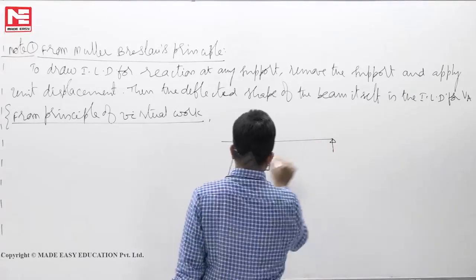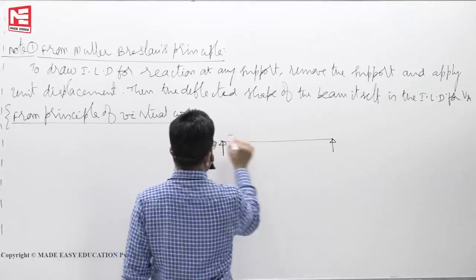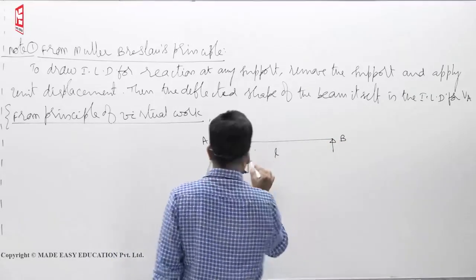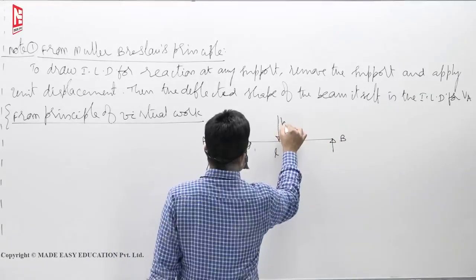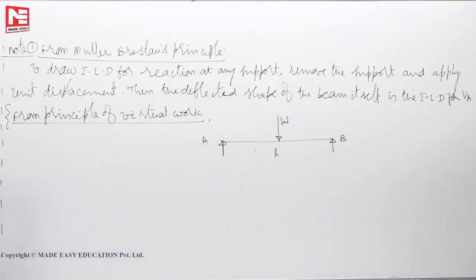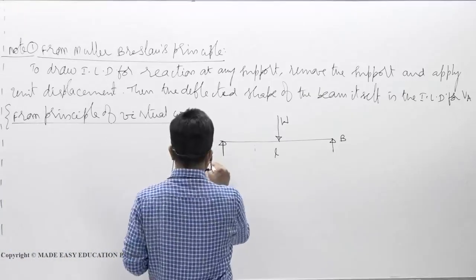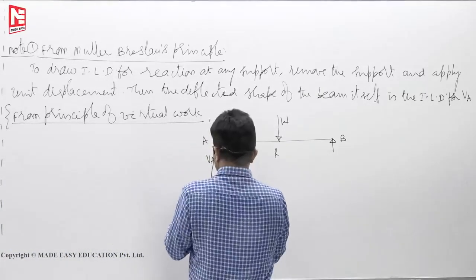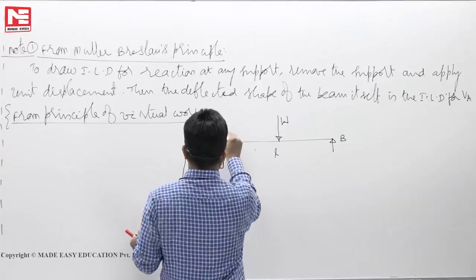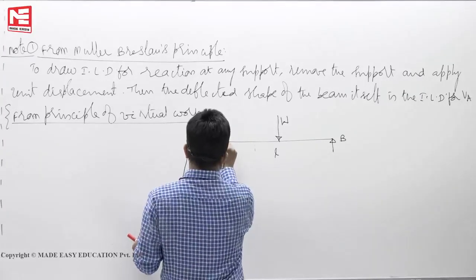Suppose you have a simply supported beam AB, of length L, with some load W. To find the reaction at A, you give a virtual displacement of 1.